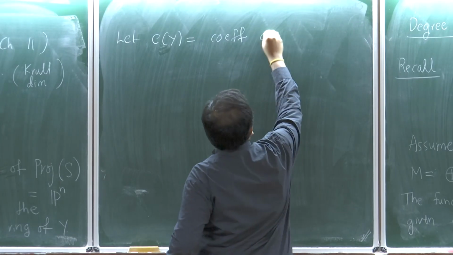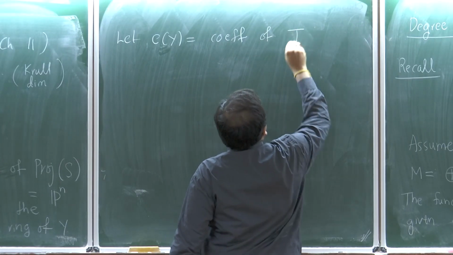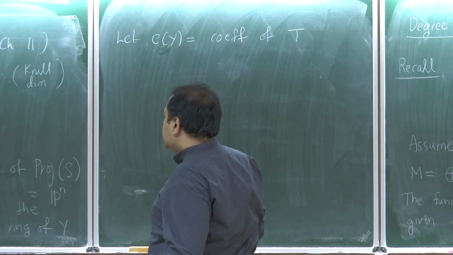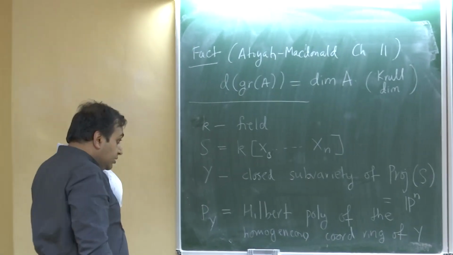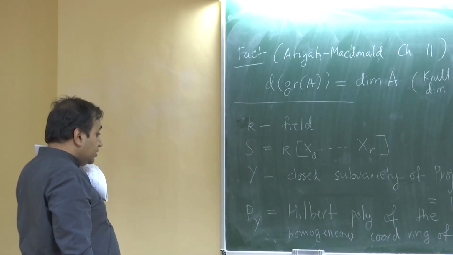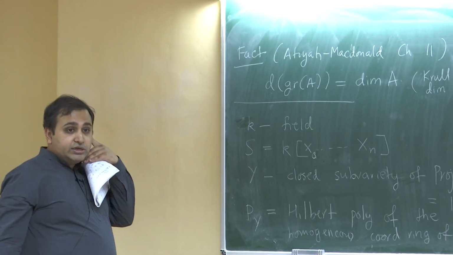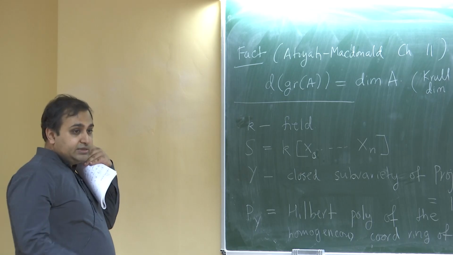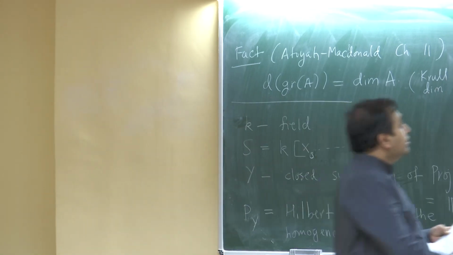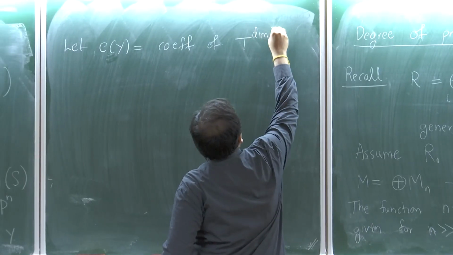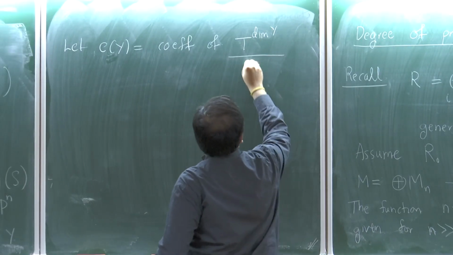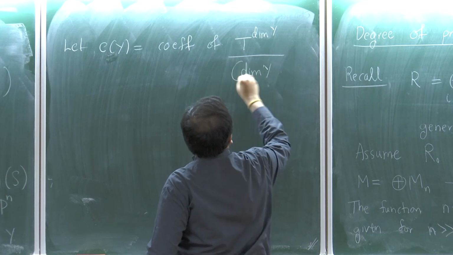be the coefficient of, notice that the degree of this polynomial is 1 less than the Krull dimension of the homogeneous coordinate ring, which is exactly equal to the dimension of Y. So t to the power dimension Y, divided by the factorial.